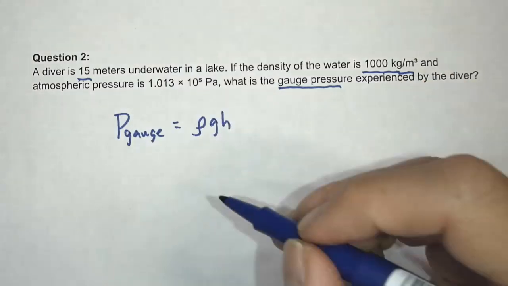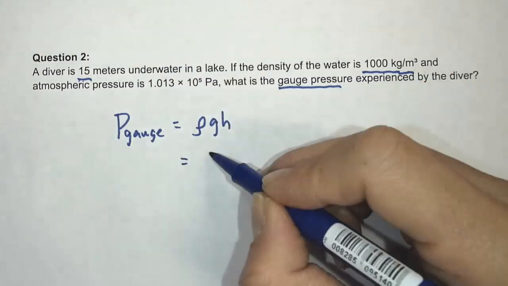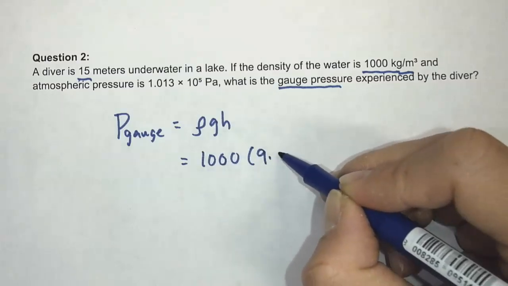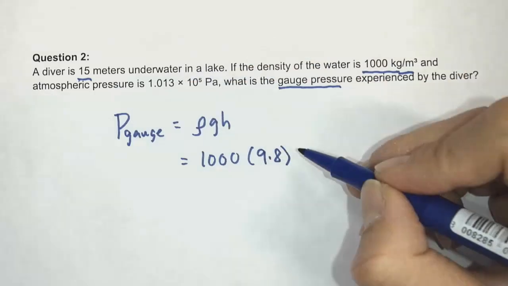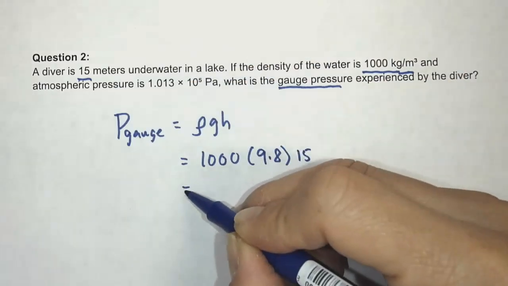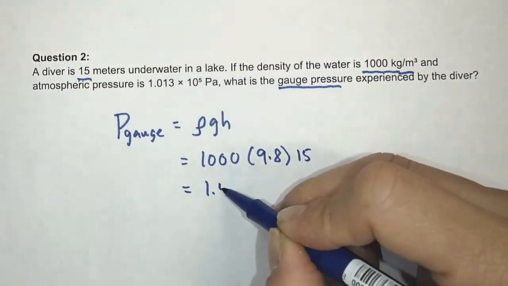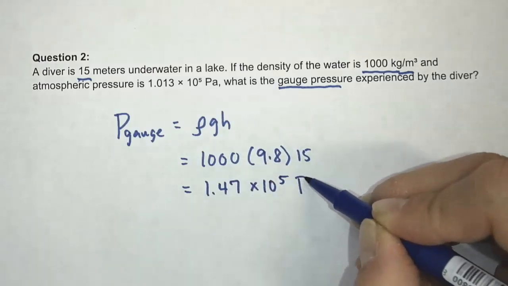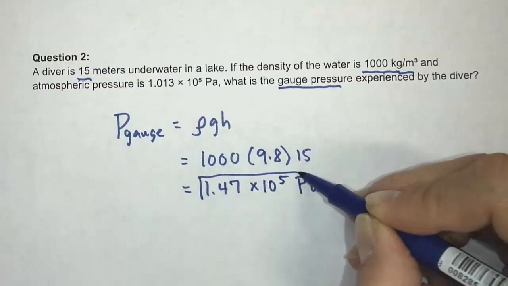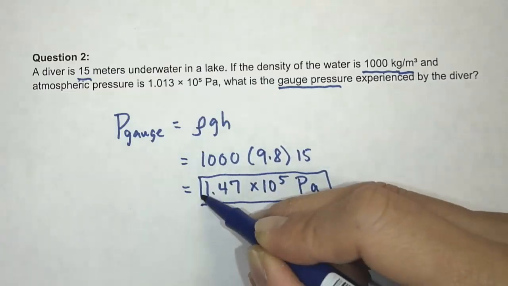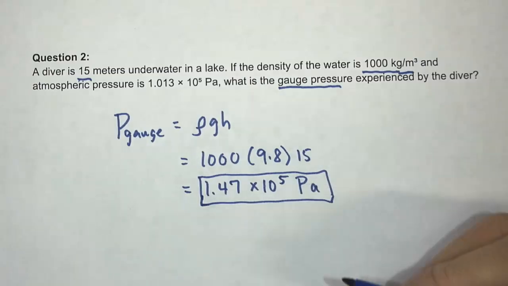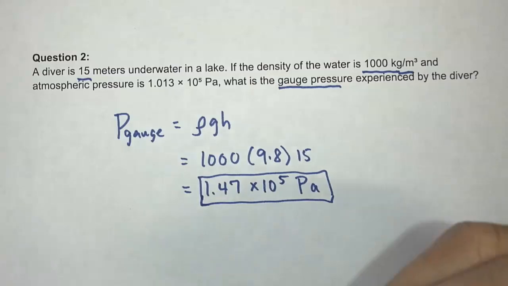Okay, so the density, they told us, is 1,000. G is 9.8. And H is 15. If we multiply that together, we get 1.47 times 10 to the 5th pascals. So this does not take into account the air above the water. This is just looking at the pressure due to the water above this location.